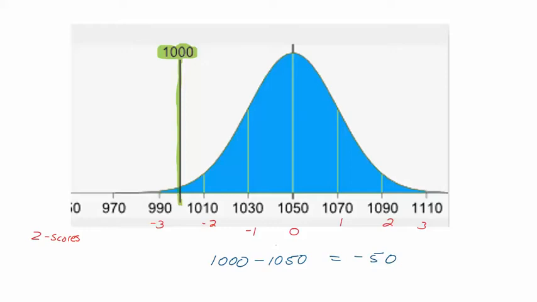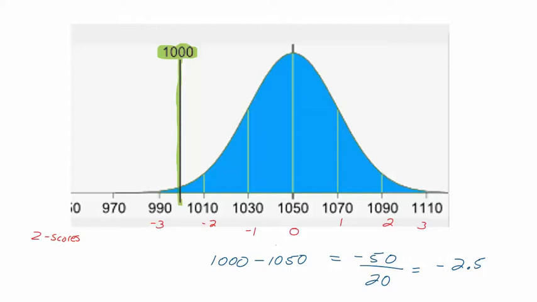What that's representing is where our number lies in relation to the mean. It's 50 below the mean. Well, how many standard deviations is that? If each step was a standard deviation, we would divide that by 20 and we get negative 2.5. It's negative 2.5 steps, where each step represents 20, below the mean.